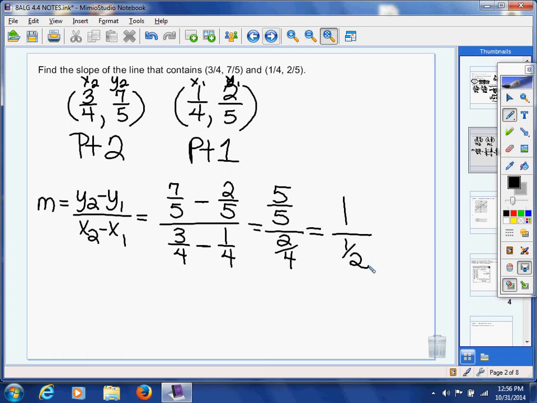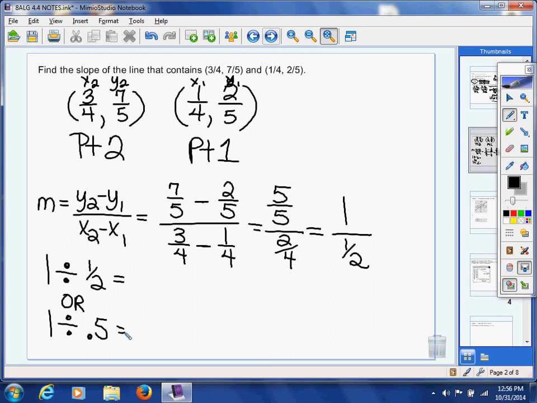I'll show you a couple options. Option 1 is in your calculator. You can do 1 divided by 1/2, or you could have changed it to 1 divided by 0.5. And either way, what did you end up getting? If you have your calculator handy, what did you get when you divided that in your calculator?